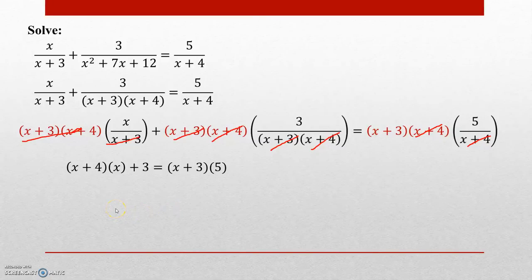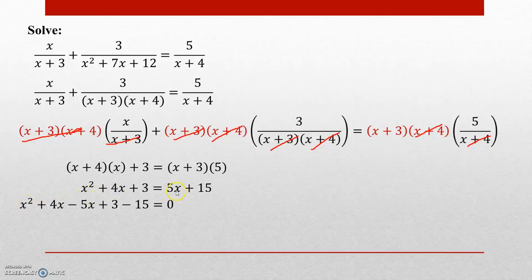So, let's simplify that. X times x is x squared. 4 times x, 4x. Plus 3 equals x times 5 is 5x. Then 3 times 5 equals 15. So, let's simplify that. We have x squared plus 4x.